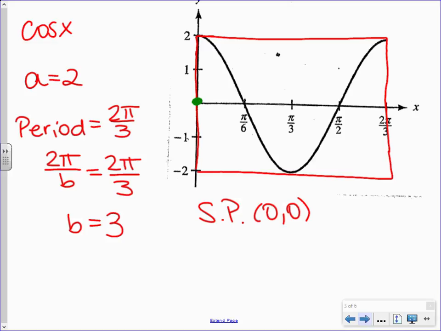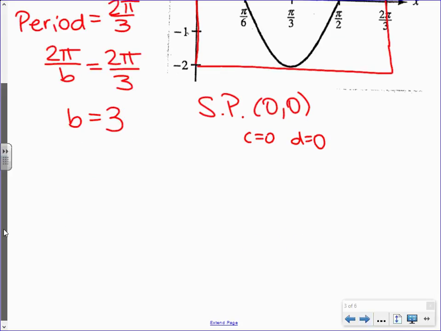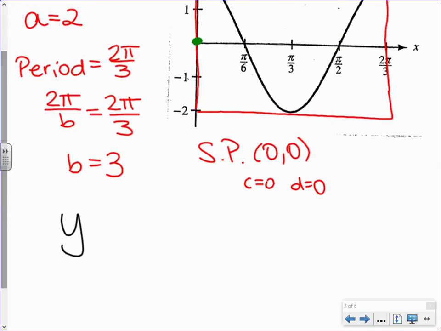Since our starting point's at 0, 0, that makes our calculations for C and D easy. C is 0 and D is 0. So when we write this equation, we can write y equals A times cosine of bx minus c plus d.